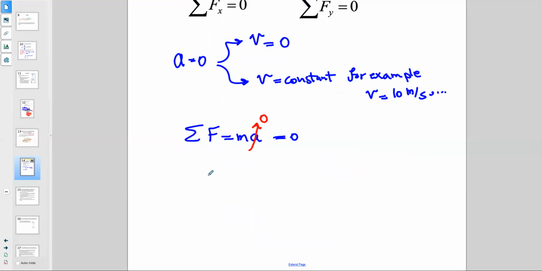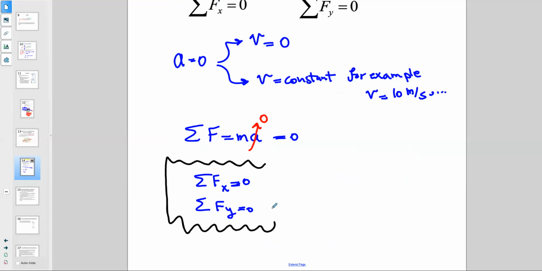Or in other words, the total force along the x direction should be 0, and the total force along the y direction should be 0. So this is the requirement to have the equilibrium. Total force along the x should be 0, total force along the y should be 0. So both of them should be present to have the equilibrium.